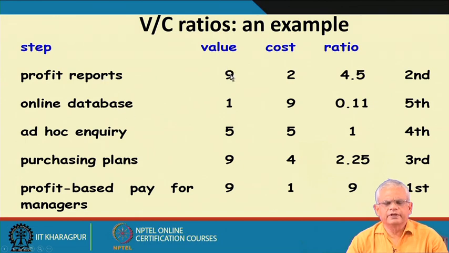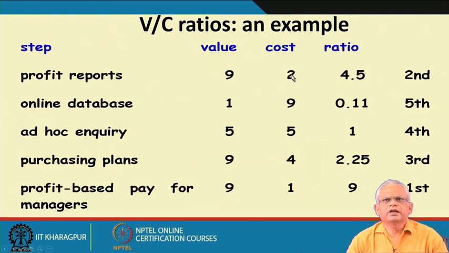From the customer feedback about the value of these different functionalities, they have assigned these values. Online database is the lowest value to them, profit report is 9, ad hoc inquiry 5, purchasing plan 9 and profit based pay for manager is 9.